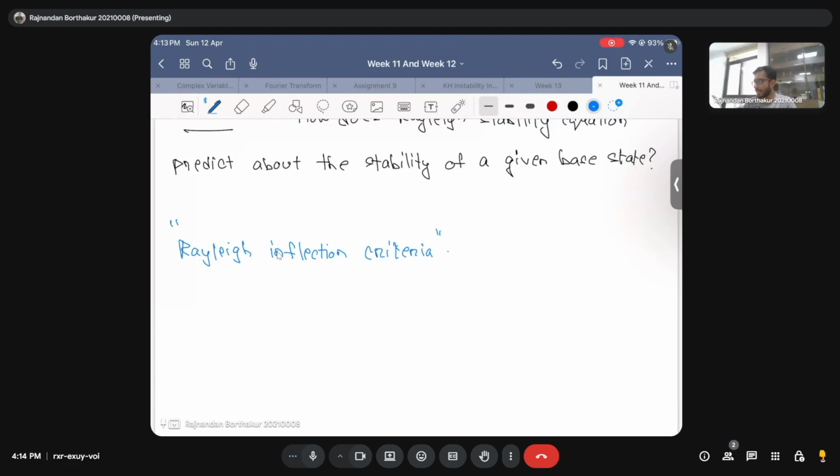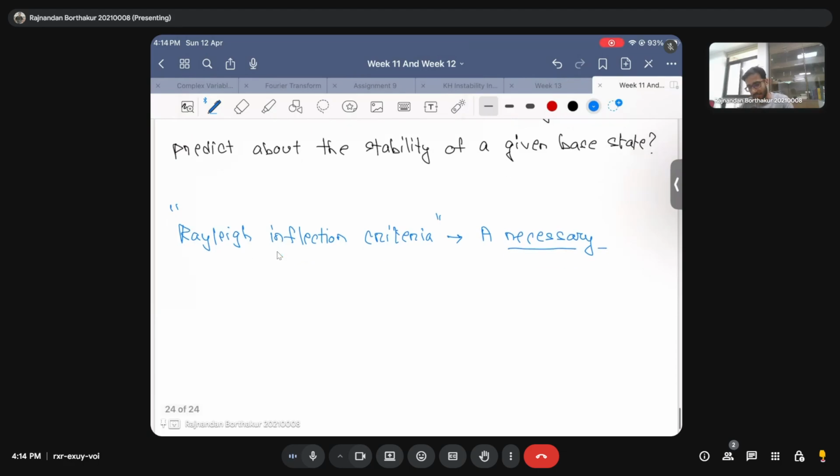Okay, so what this criteria says is a necessary condition, and I highlight the word necessary because it is not a sufficient condition to be absolutely sure about the nature of the perturbations, but it's a necessary condition that needs to be satisfied.